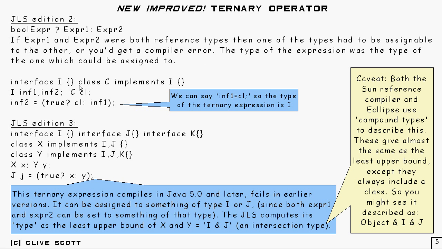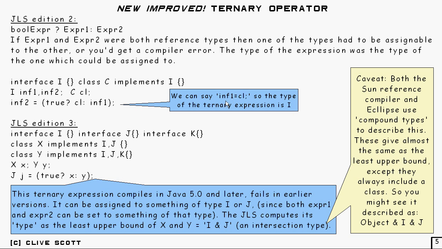You've got an interface I, and you've got a class C that implements it, and some variables like that. Then it's quite okay to say something like this, because both CL could be assigned to something of type I, and of course inf1 could, because it's already got type I. And the type of the expression there is the same as the type of inf1, which is I, because you could say something like inf1 equals CL.